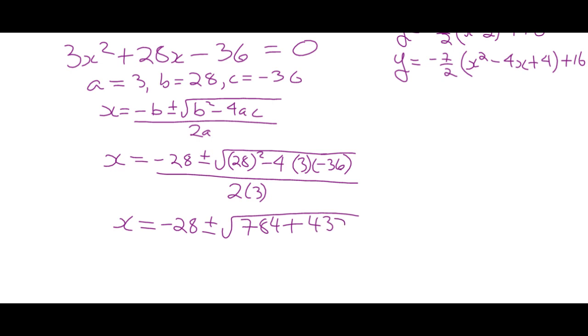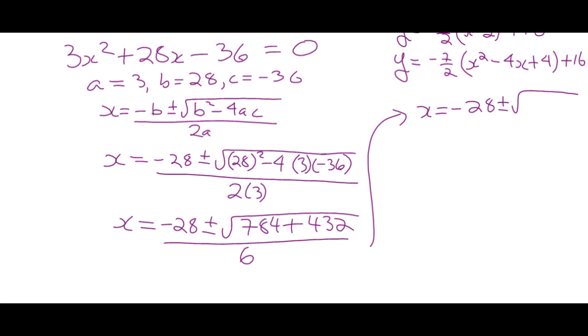Plus 432 over 6. So x is equal to negative 28 plus or minus the square root of, what do we got? 1216 over 6. So it's negative 28 minus the root of 1216 over 6.